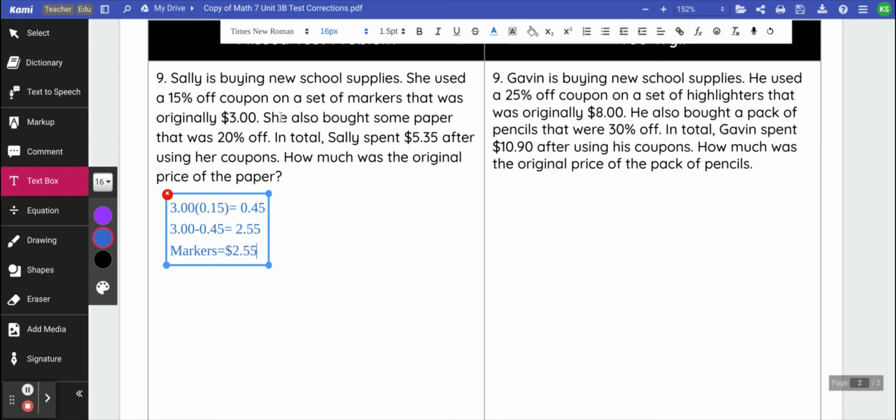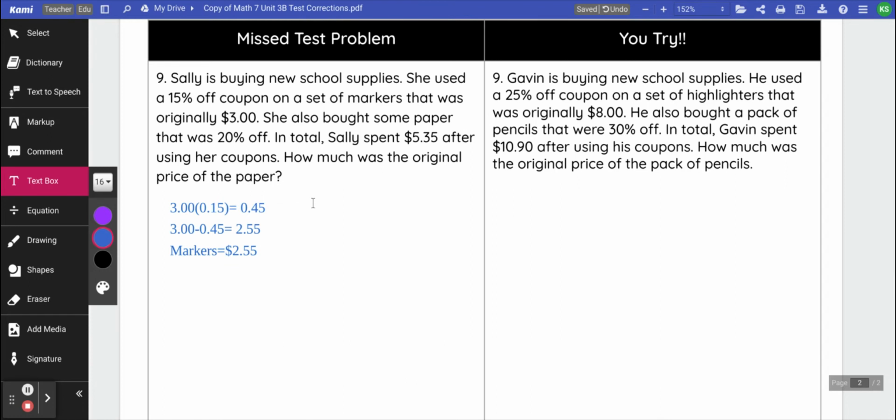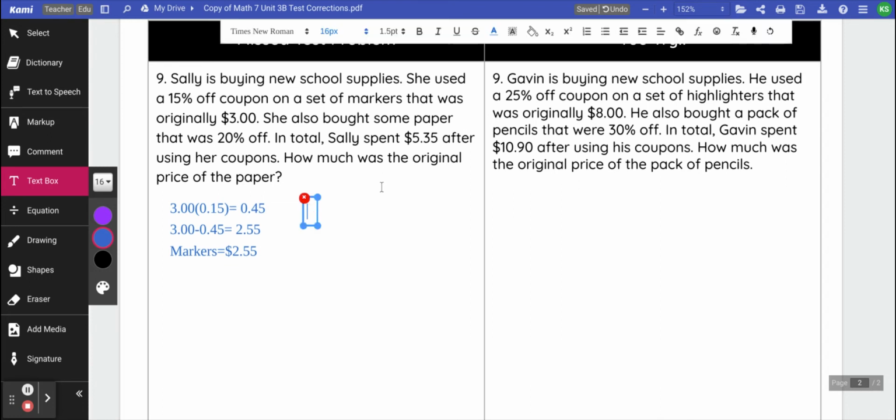Now we need to figure out what the cost of the paper was. We know that Sally spent $5.35. So we're going to figure out what was the amount left for the paper. To find that, we're going to take the $5.35 that Sally spent in total and subtract the cost of the markers, because whatever's left would be the cost of the paper.